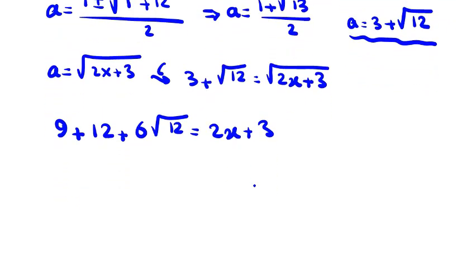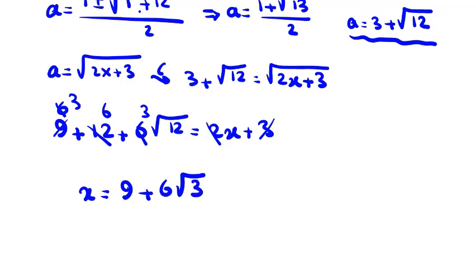If we simplify, if you take 3 here, it will be 6, and if you divide by 2, it will be 3. So x will be 3 plus 6, 9, and you can say root 12 is 2 root 3, so it will be 6 root 3. So the largest root of this problem is this.